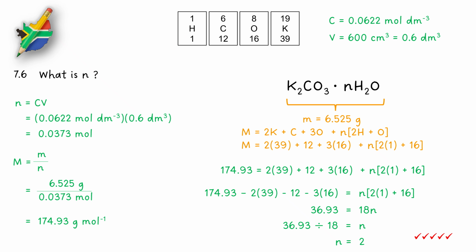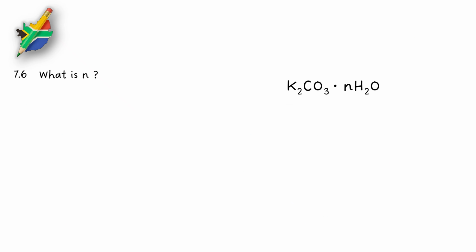We are required in this problem to determine the value of the coefficient in front of water in the given formula. This is the formula of a hydrated potassium carbonate salt. We do not know what the value of N is, but we know it must be a whole number, 1, 2, 3, etc. It cannot be a fraction.